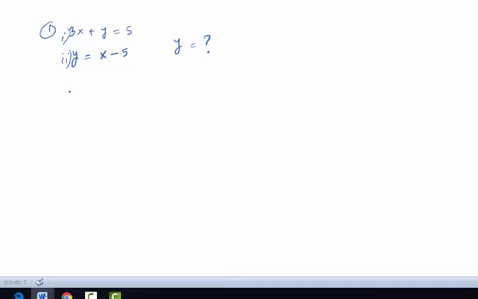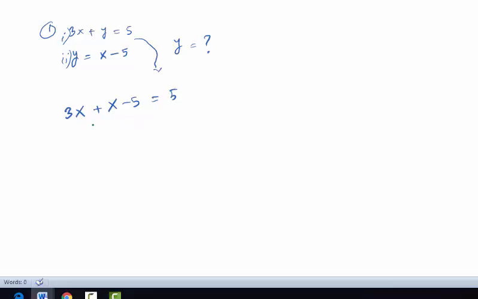So we're going to replace equation number 2 in equation number 1. By that I mean 3x plus, instead of y here, we write x minus 5, which equals 5.